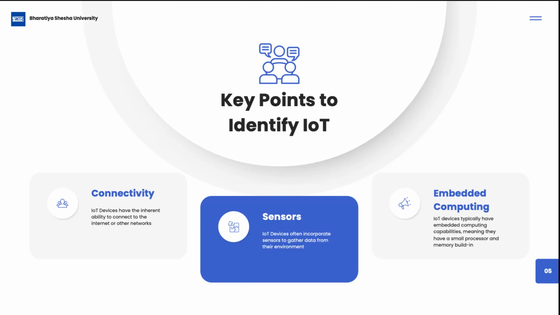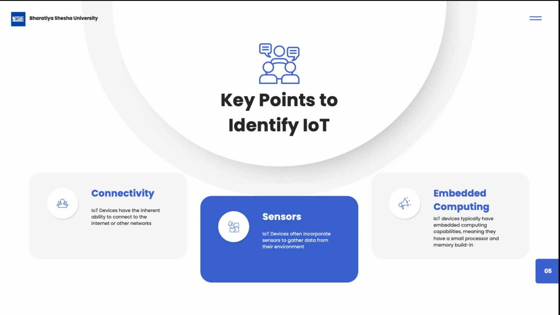If we talk about some key points to identify IoT, the first is connectivity. IoT devices have the inherent ability to connect to a network. It can be a remote control network, data collection, a Wi-Fi network, Bluetooth, cellular, or other type of communication modules.